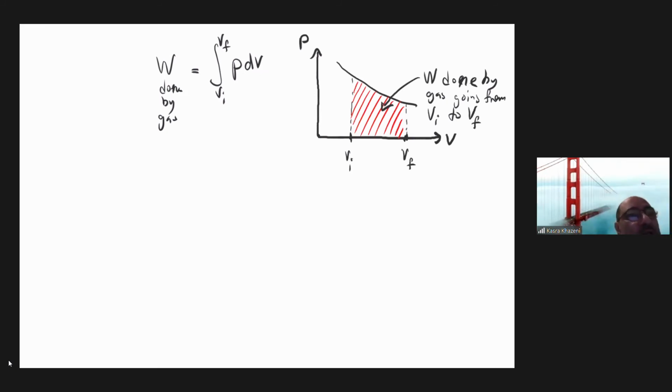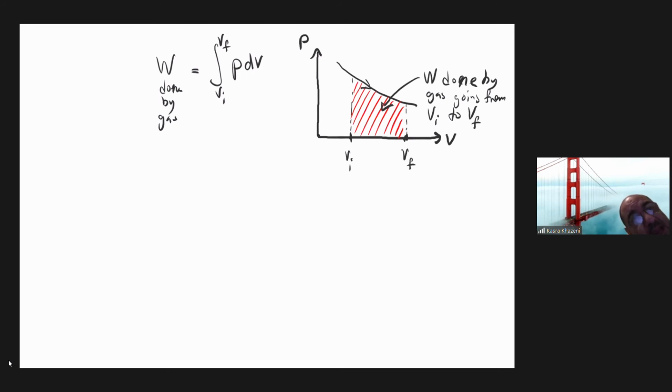The integral is always the area under the curve. That's what it is. All right. And when we say initial to final, we mean we're moving in that direction. All right. So that's the definition. That's the formula for the work done by a gas, which is the integration of pressure times dV when it goes from one volume to another. And graphically, this is what it means.